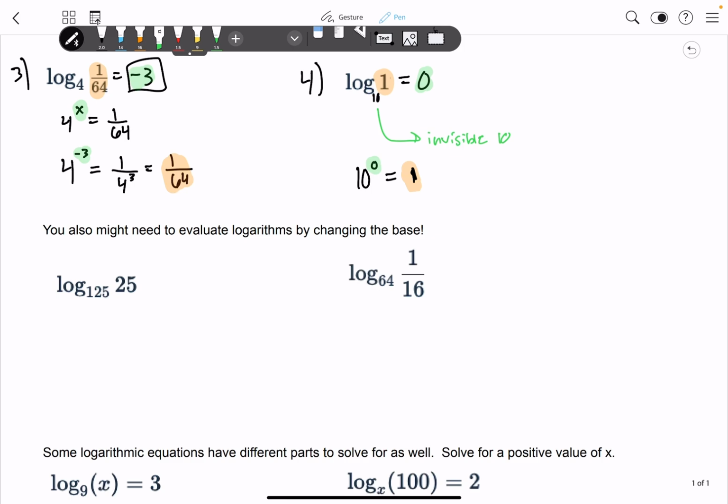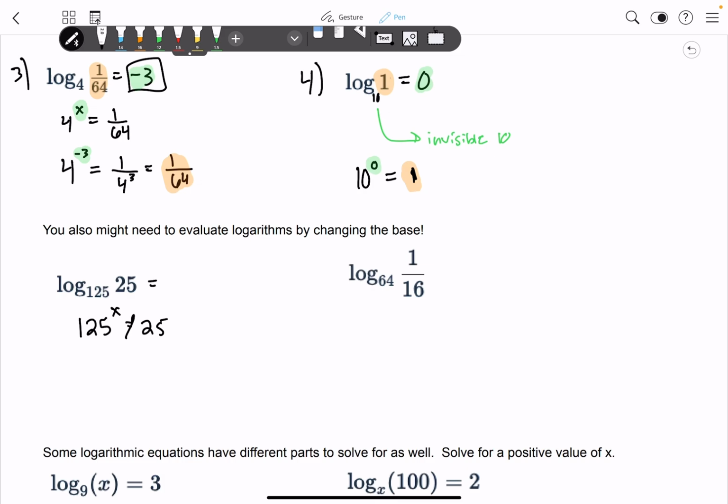In some cases, though, we are going to have to change the base because the original problem might not make sense. So let me show you. If we do a base of 125, we actually can't do this, right?